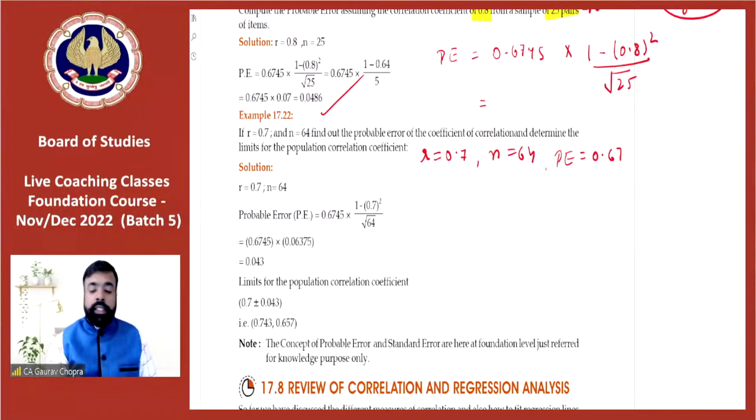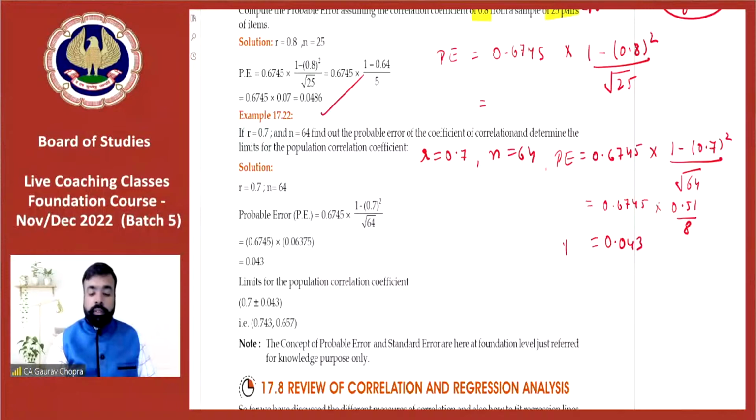So 0.6745 multiplied by 1 minus 0.7 square and then divided by root of 64. So how much are we getting? 0.51 upon 8. Now you can simplify this and see what is the result. So it is 0.043. This is the probable error.